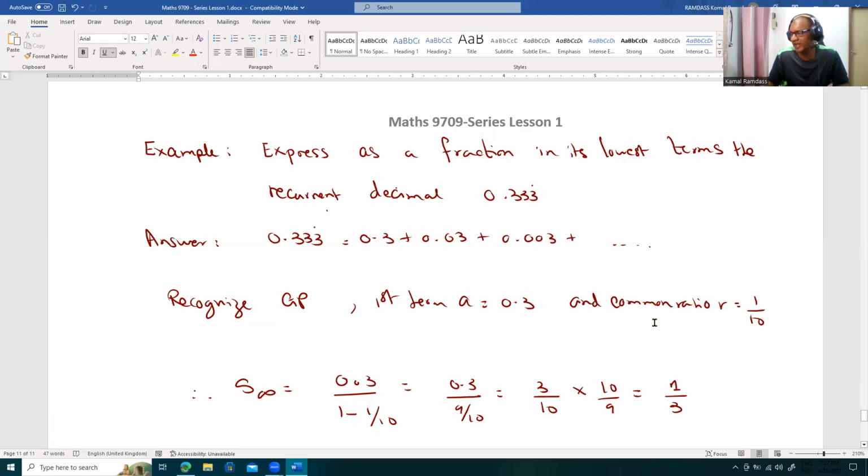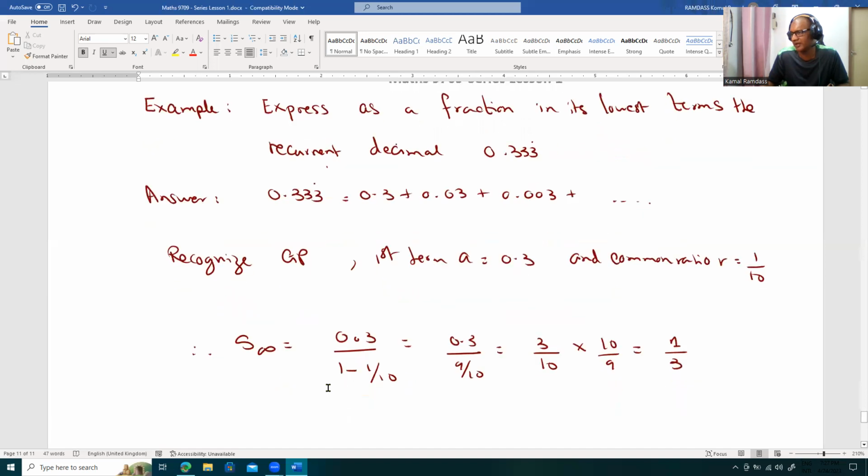Common ratio 1 over 10. Ça veut dire, A over 1 minus r, 0.3 over 1 minus 1 over 10, 0.3 divisé par 9 sur 10, 0.3 c'est 3 sur 10, multiplié par 10 sur 9 est égal à 1 sur 3.